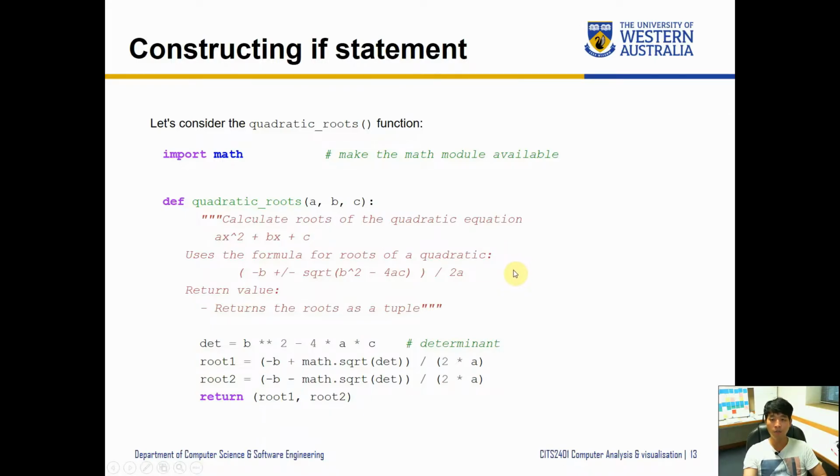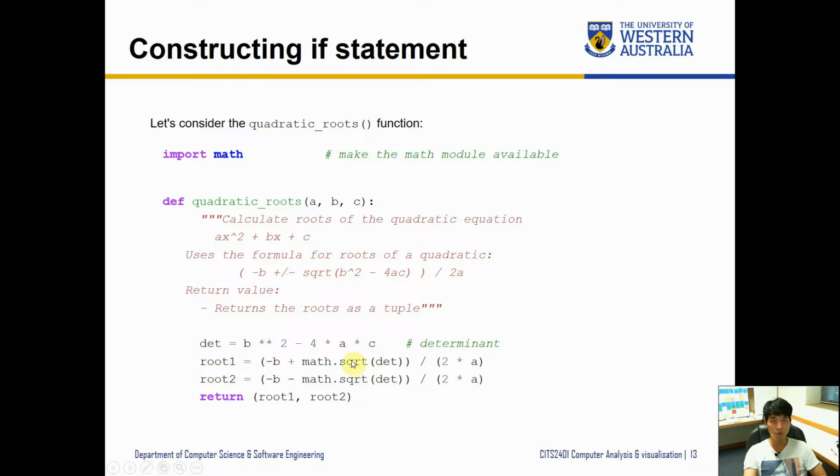Okay, so first we calculate the determinant, which is b squared minus 4 times a times c, and then we need to apply negative b plus minus. Root 1 is negative b plus our determinant.